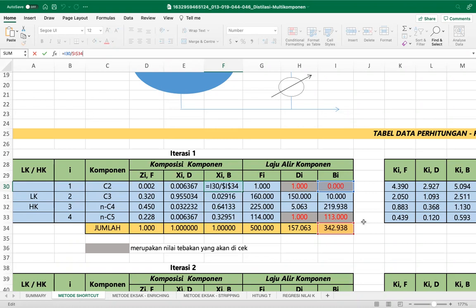It's about the basics, but the rigorous method is just to have knowledge, and I'm going to explain HYSYS as well. So later you can try by yourself using HYSYS to compare your calculation done manually using Excel and also using HYSYS.